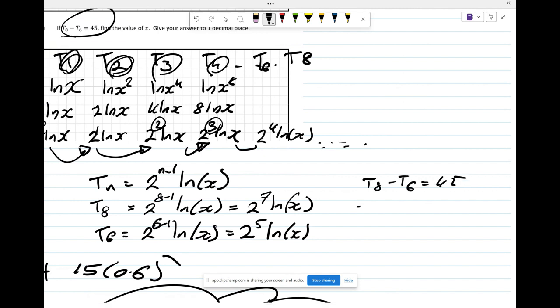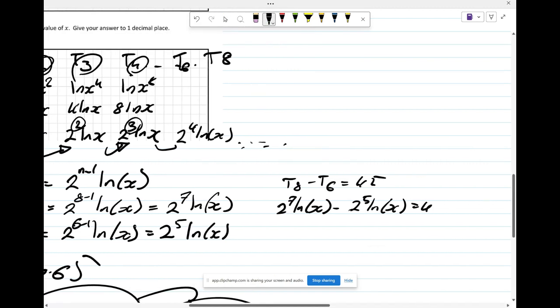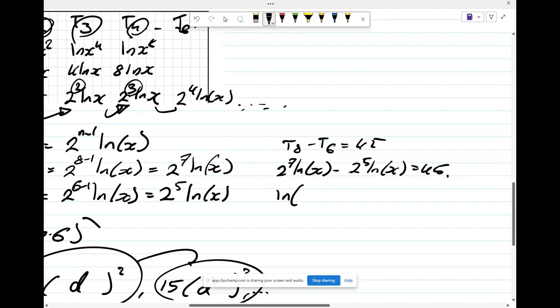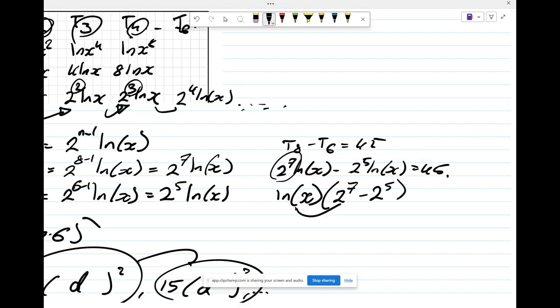But we just found out that T8 was 2 to the power of 7 ln x, and T6 was 2 to the power of 5 ln x, equals 45. And now we just have to work backwards, so we can take out this ln x and multiply by these. So you can imagine if we multiply ln x by 2 to the power of 7, we get this, and ln x by minus 2 to the power of 5, we get that.